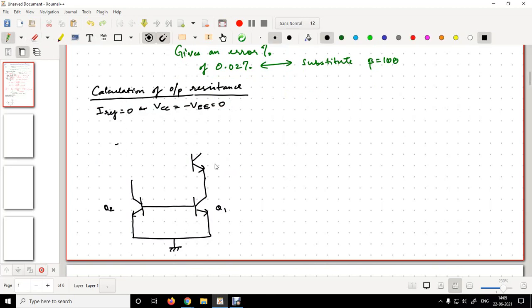So this is Q3. Okay, from this I have to measure R naught in this direction.